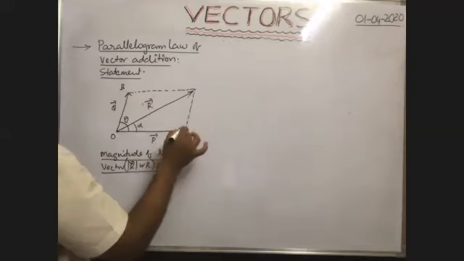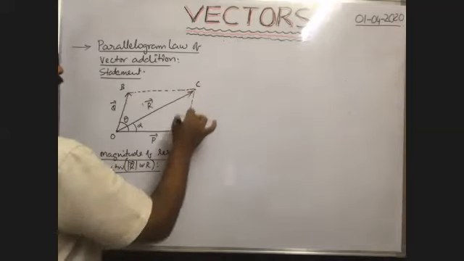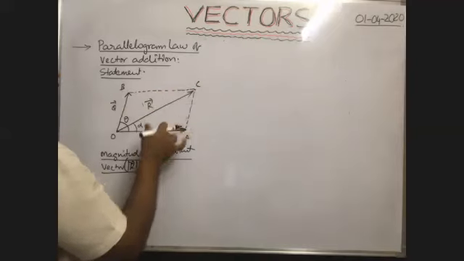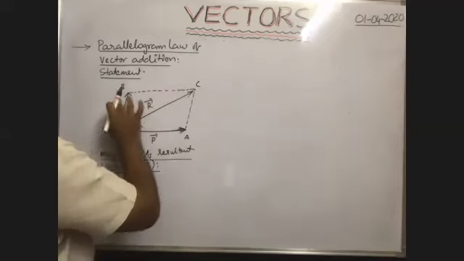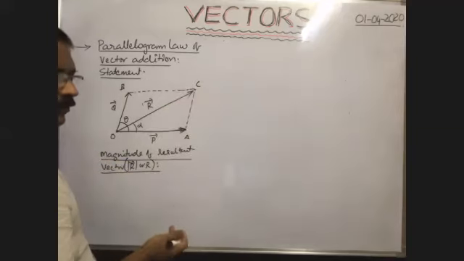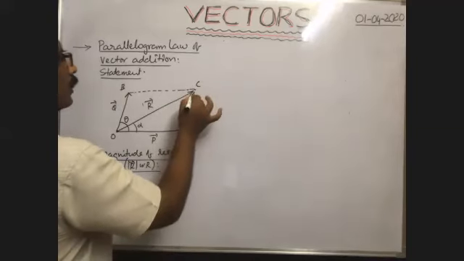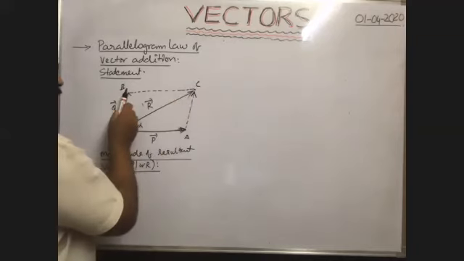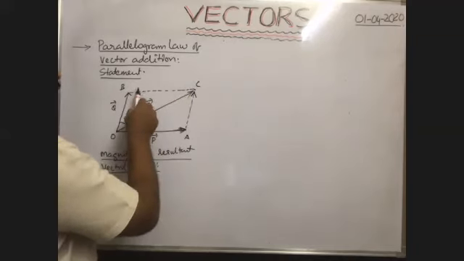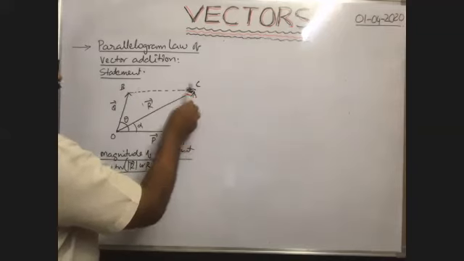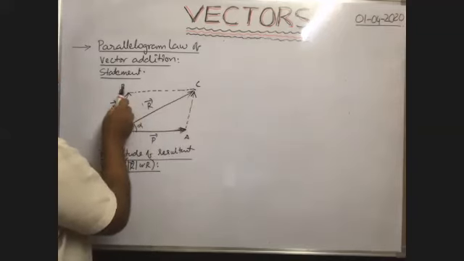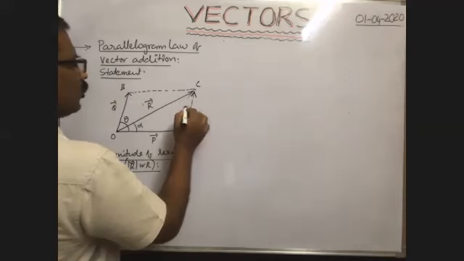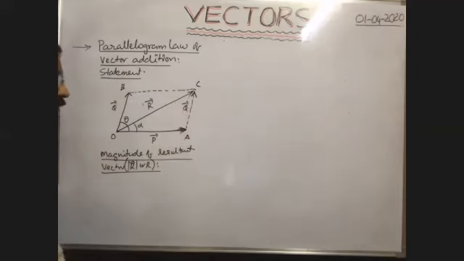AC and OB are parallel because it is a parallelogram, so the length of this side and this side are the same. If you take the arrow mark in this direction, the magnitude and direction are also the same. That's why this can be called the equal vector of q bar. It is q bar.